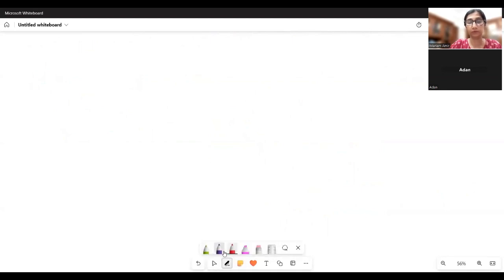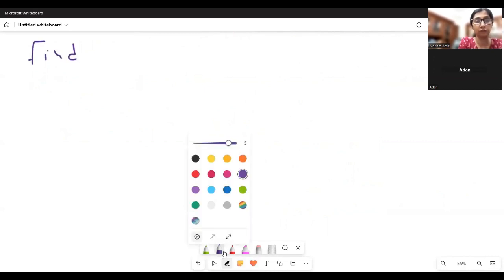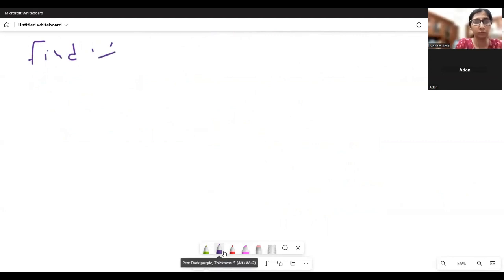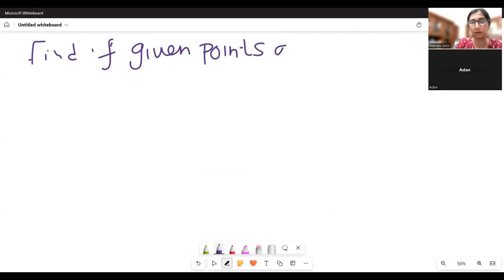So the next subtopic is: find if given points are collinear or not.